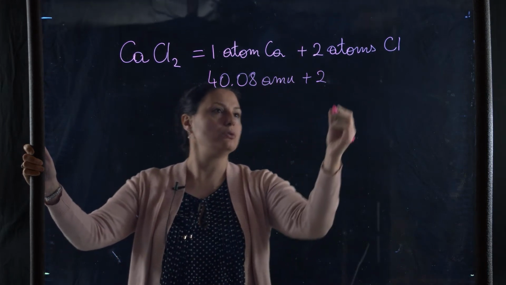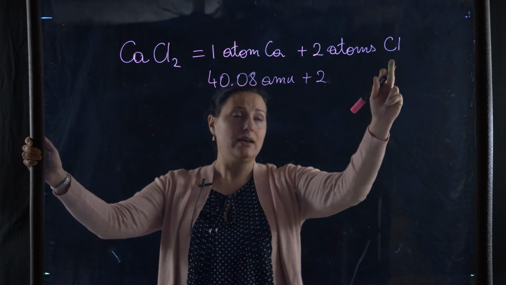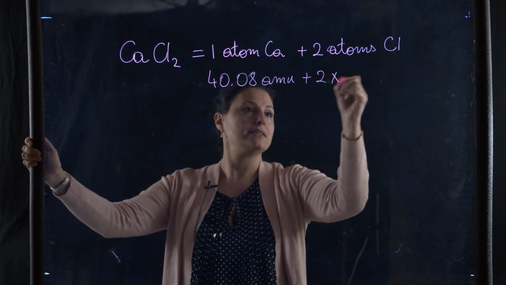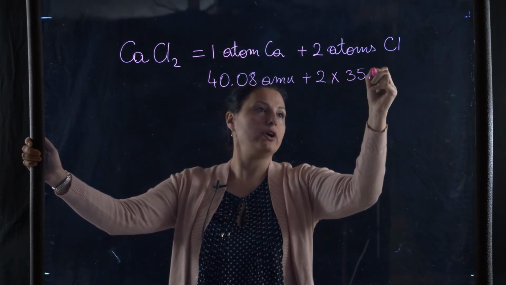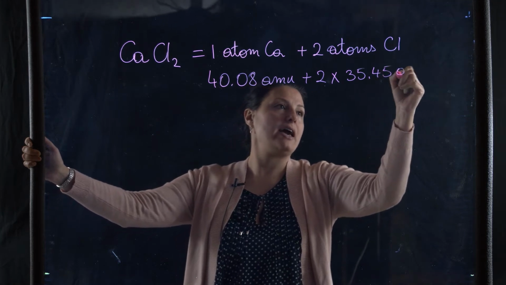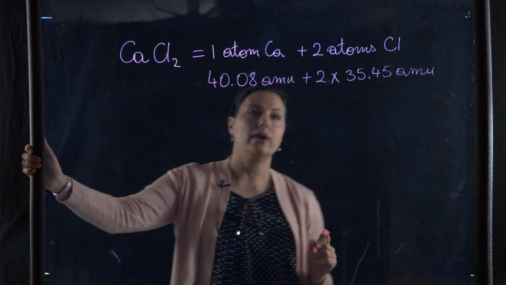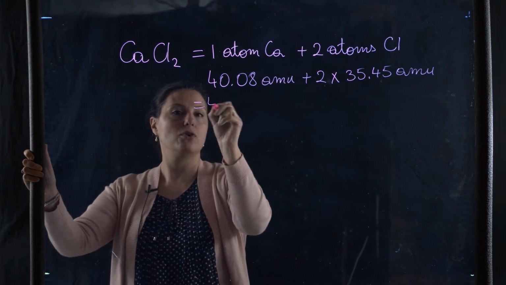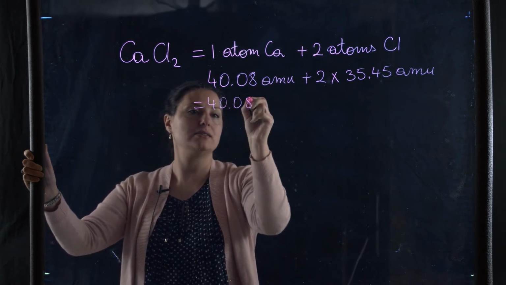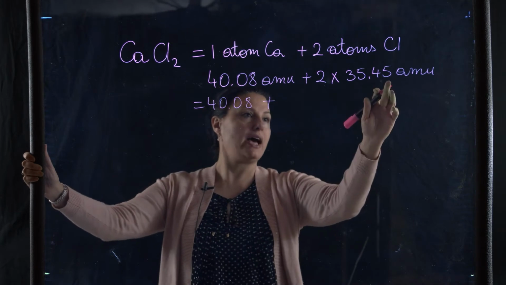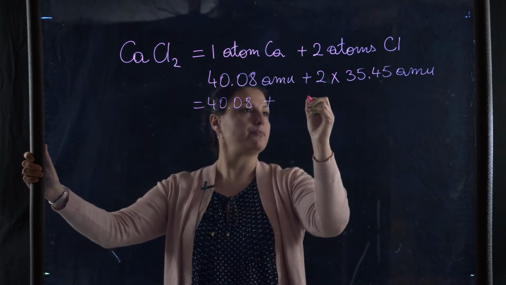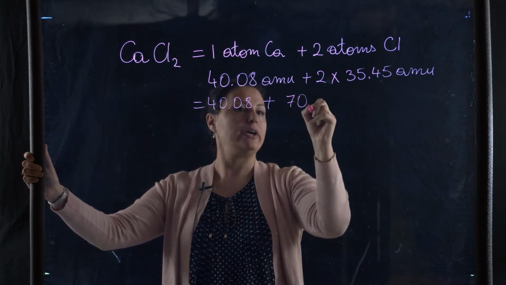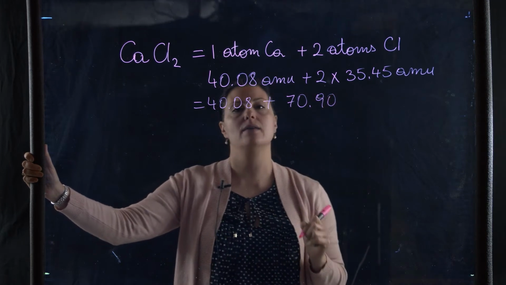Plus, 1 atom of chlorine weighs 35.45 AMUs. Okay, so I would have 40.08 plus 2 times that, which is 70.90 AMUs.